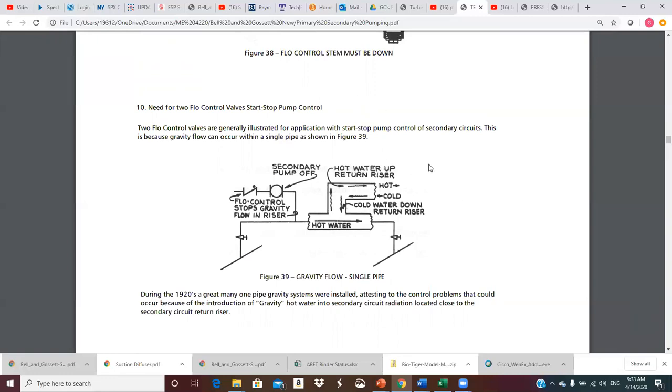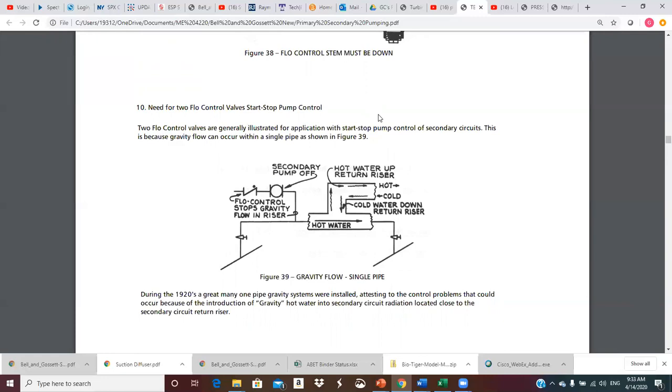But so we've got relatively cold water in the secondary, and so it's going to be dense compared to this. And this stuff is hot and less dense. And so within the single pipe connection, you can establish this little bit of a flow pattern where we put some hot water up into the secondary. That's going to continue to rise, and that over time will heat up that entire secondary.